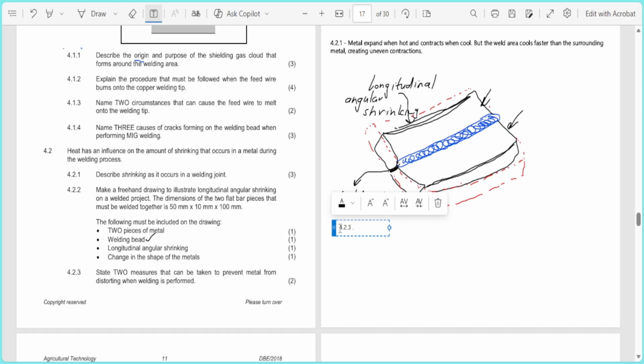Okay, so I'm thinking by clamping your material properly. Yeah, that's a good one.